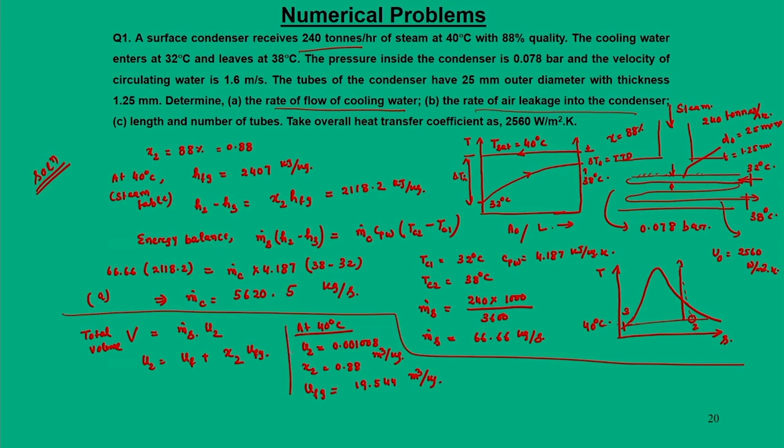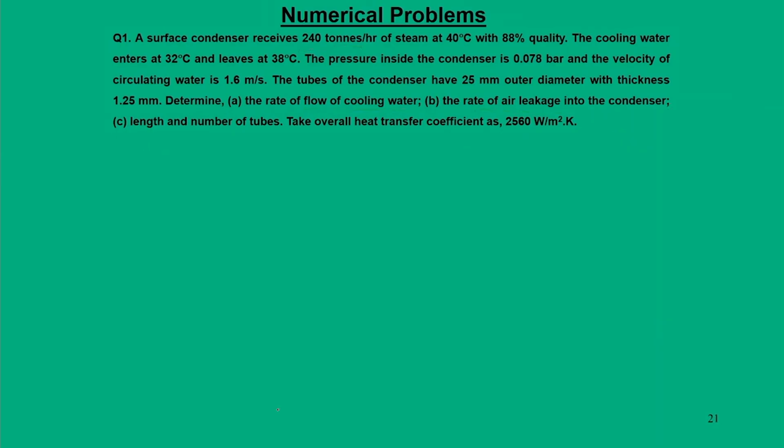This data we get from the steam table. From this we can calculate V2 is equal to 17.2 meter cube per kg. We also have the mass of the steam, m dot s, already calculated as 66.66 kg per second.